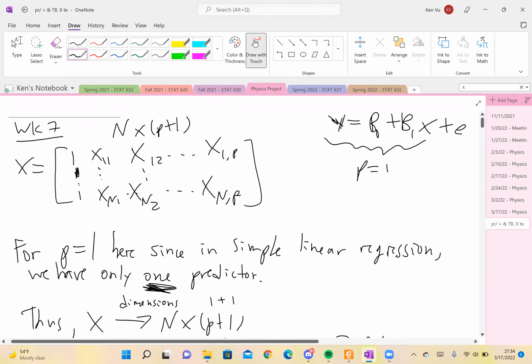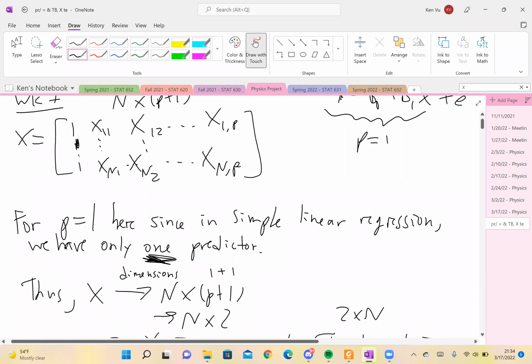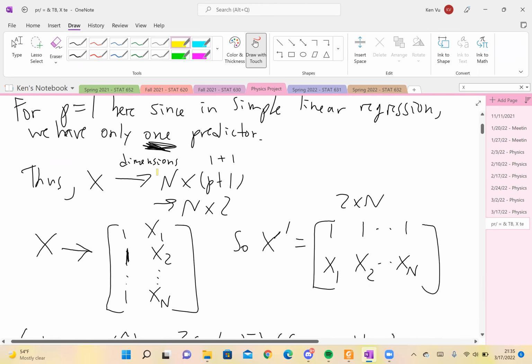So once you figure that out, it will essentially be this. First column, second column, just up to here. That would be the matrix for simple linear regression.